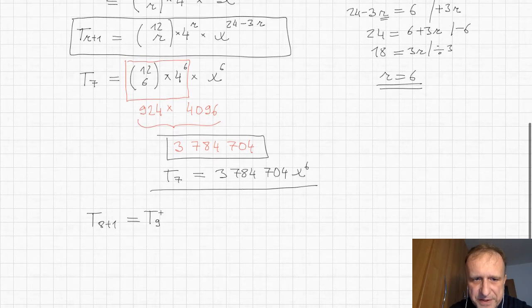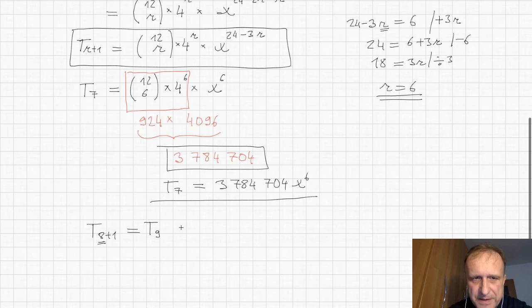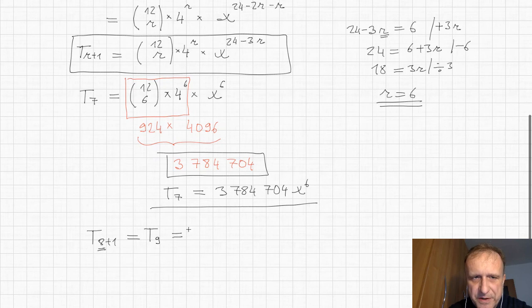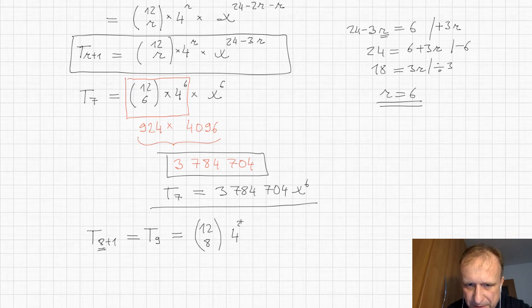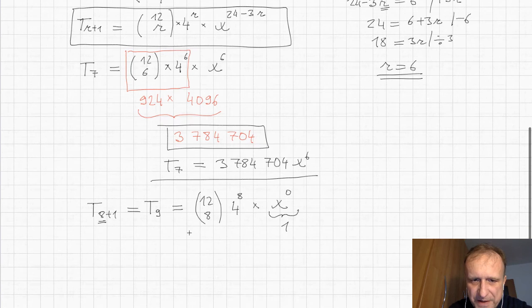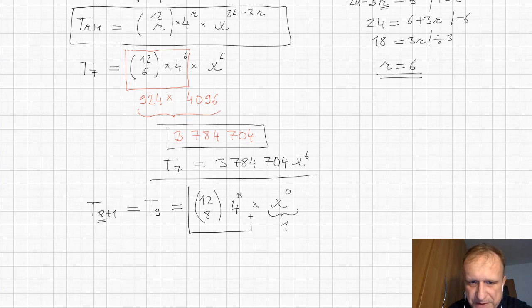This is the 9th term for r equal to 8, and this 9th term will be 12 choose 8, times 4 to the power of 8, sorry, because this should be r, according to this, times x to the power of 24 minus 3 times 8, to the power of 0. Since this is 1, then my constant term is going to be this number.